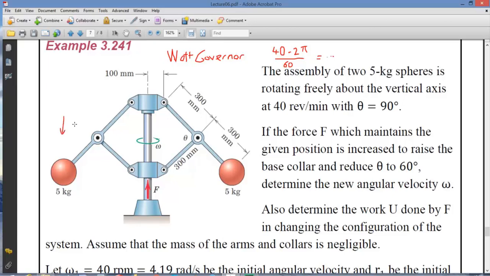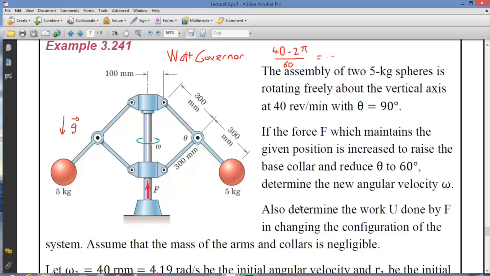There's the gravitational acceleration acting in this direction, and mass times gravitational acceleration will give us the force acting on the particles, which will make them fall. But as we have this force, it maintains its current location in terms of the height, and then makes a rotation with some omega speed.